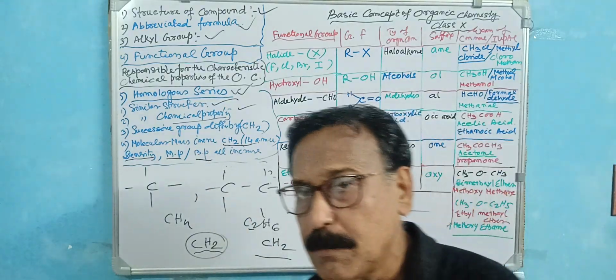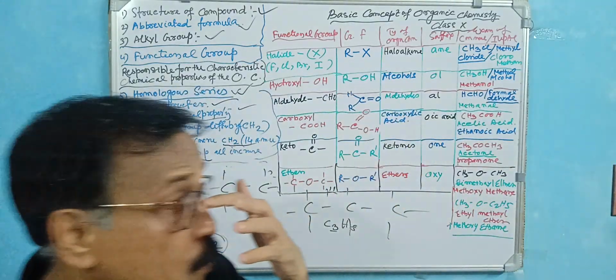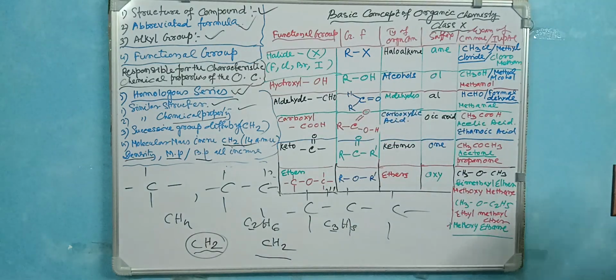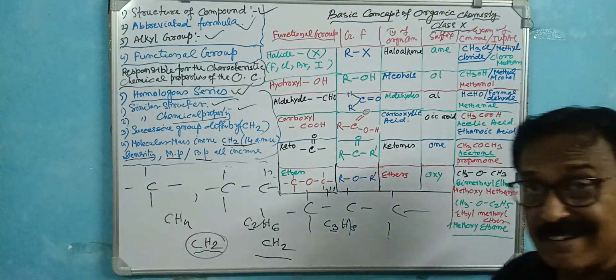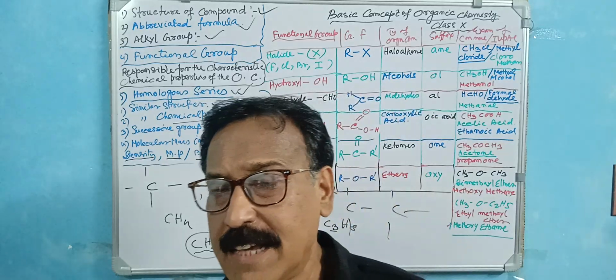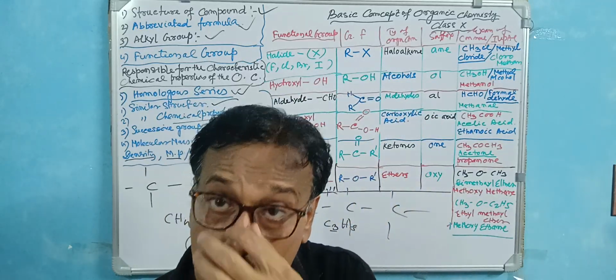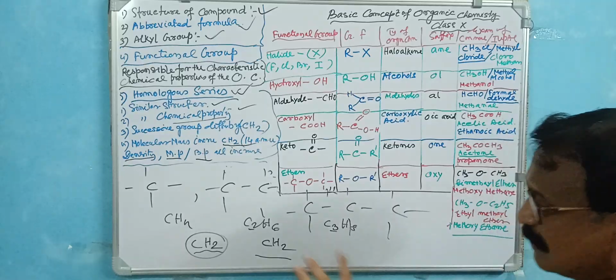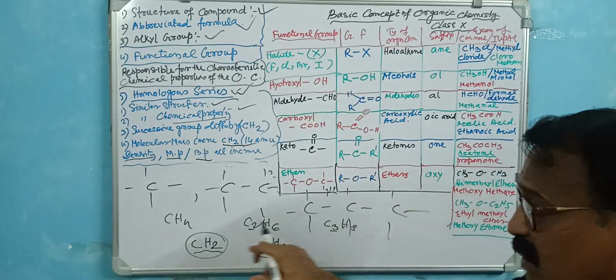That means the boiling point, melting point and density of ethane are greater than methane, and propane is greater than ethane. So this is called the homologous series: similar formula, differing by CH2.